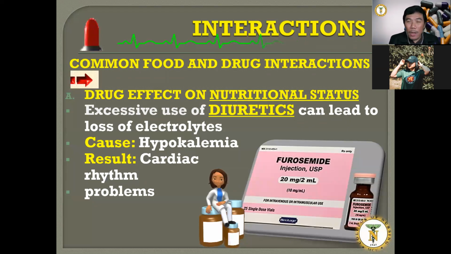I have mentioned that the role of potassium is important for the cardiac muscle and skeletal muscle because it aids in the contraction. So if it affects the contraction of the cardiac muscle, it may not balance the systole and the diastole, the lub-dub, and possibly may lead to cardiac rhythm problems.